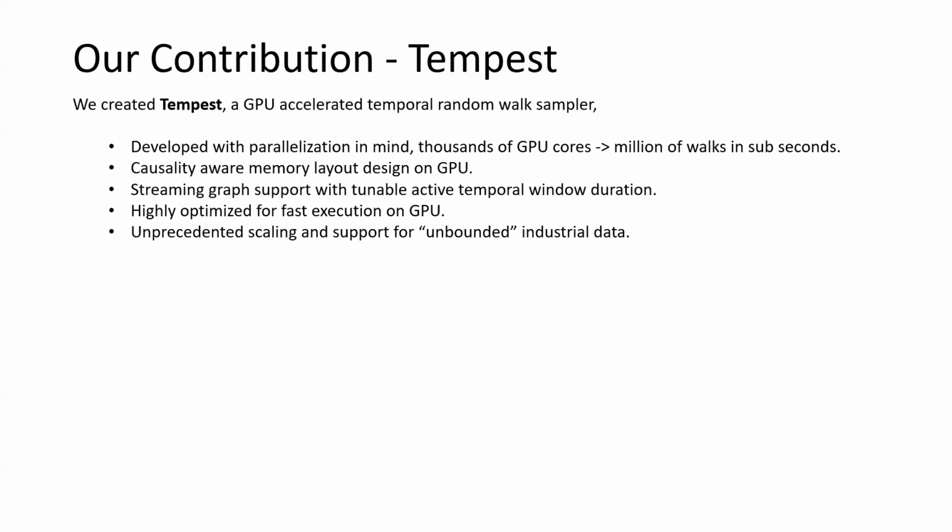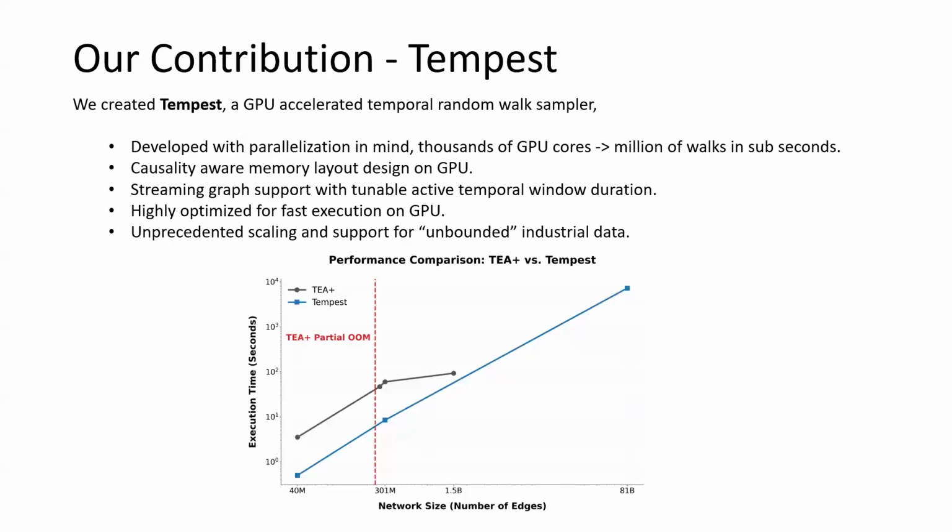We also did a lot of GPU-specific optimization to make it fast. Compared to the last image, while T-Plus fails at 1.5 billion edges, and the optimal configuration fails much before that, Tempest could scale up to an 81 billion edge dataset. That's 60 times larger than theirs, and in a shorter amount of time.